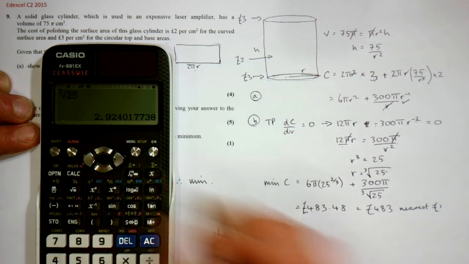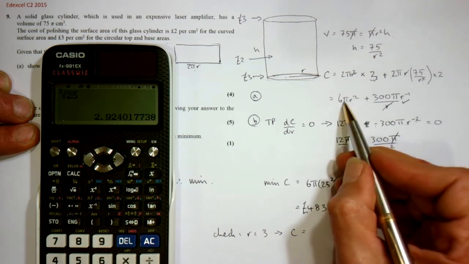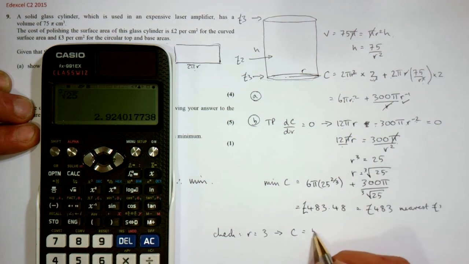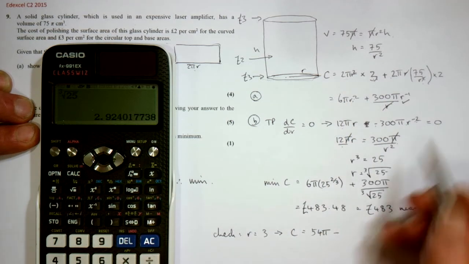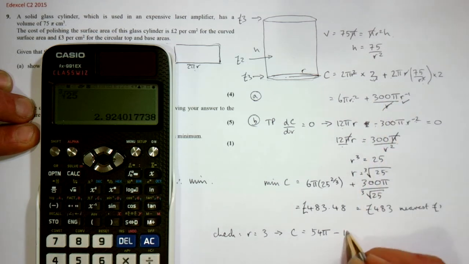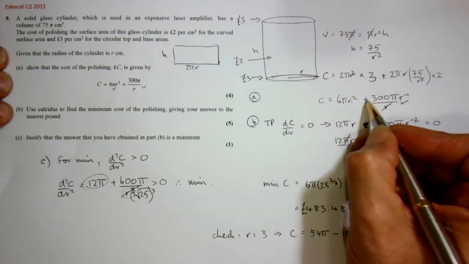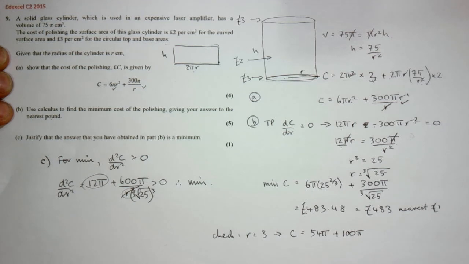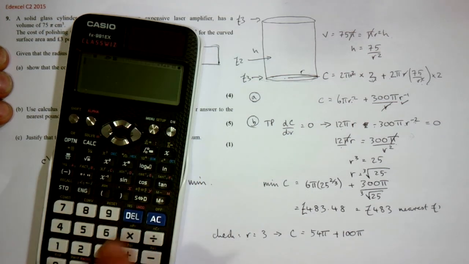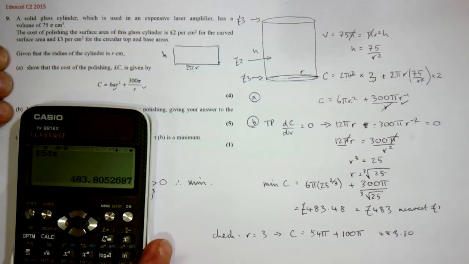If r is equal to, let's make it slightly different, 3, our C would be equal to 6 times pi times 3 squared, which is 54 pi, plus 300 pi divided by 3, which is 100 pi. 54 pi add 100 pi is 154 pi, and 154 pi is £483.80. Slightly more than that.